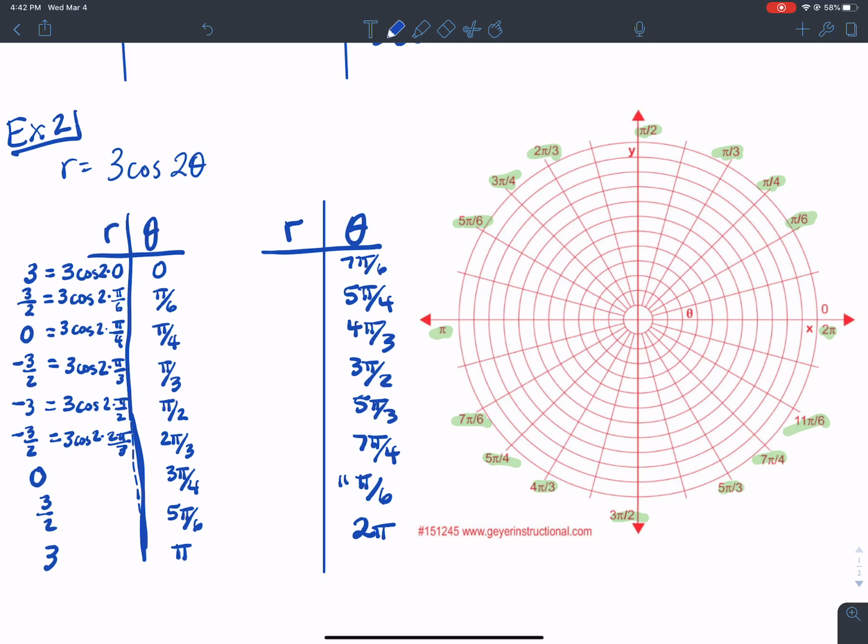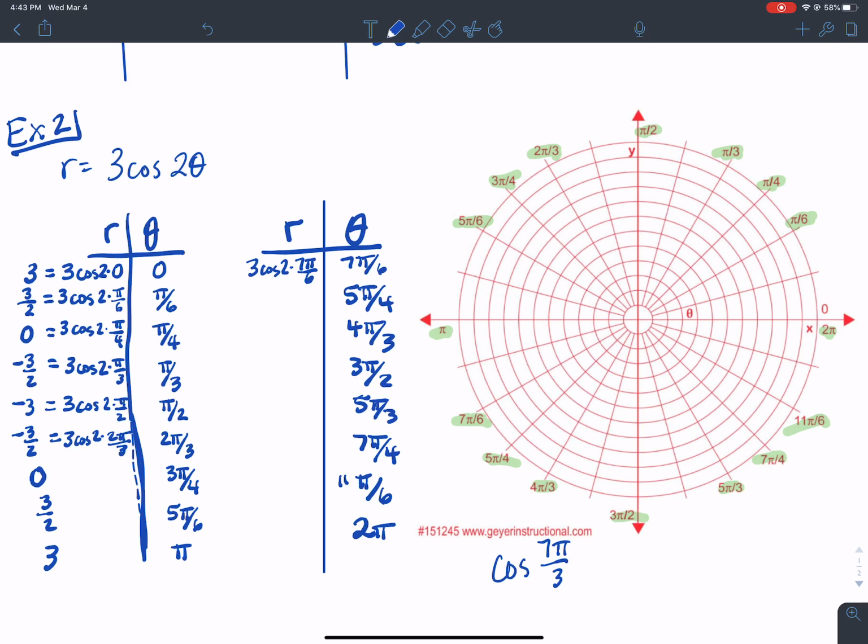Okay, so 7 pi over 6, let's see. Let's do 3 cosine 2 times 7 pi over 6. That reduces to 7 pi over 3. Cosine of 7 pi over 3, got to think about that one. That would be the same thing as pi over 3.